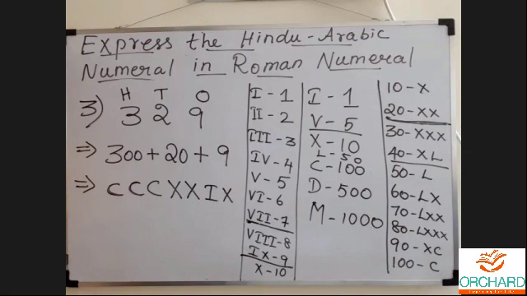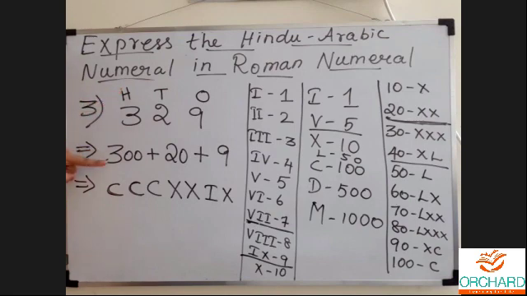Once again, I repeat this problem. Please listen carefully. Here, the question is given in the form of Hindu-Arabic numeral, we are going to express this in Roman numeral. So what we have to do? We have to write the place value for the given number. So 9 in the place of 1, 2 in the place of 10, 3 in the place of 100.